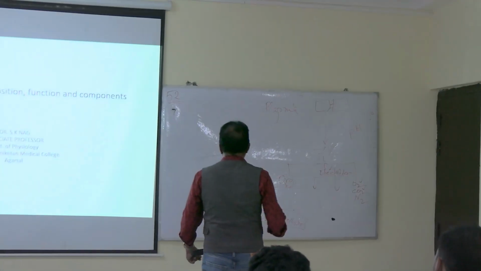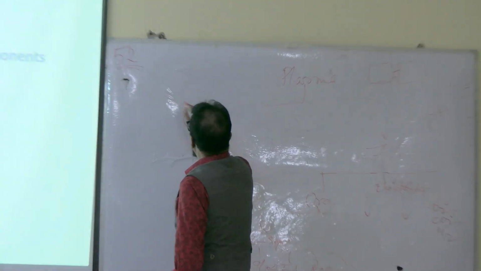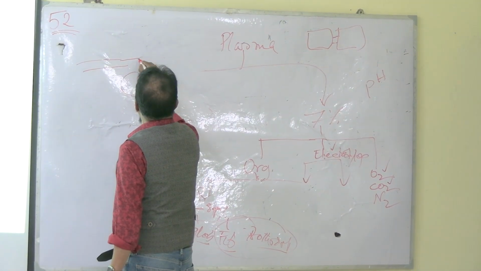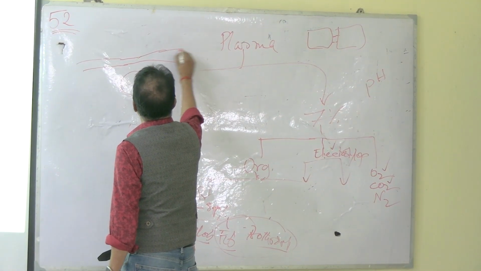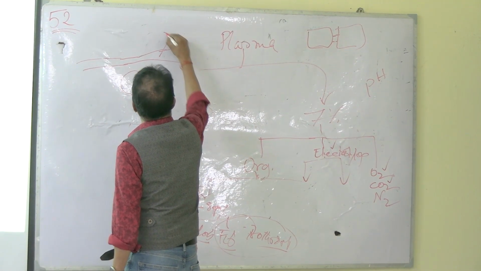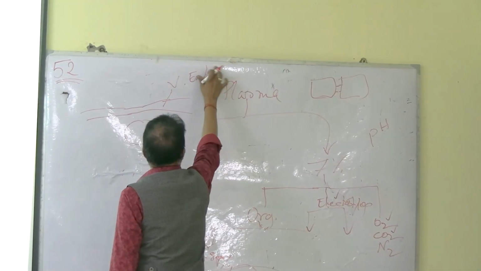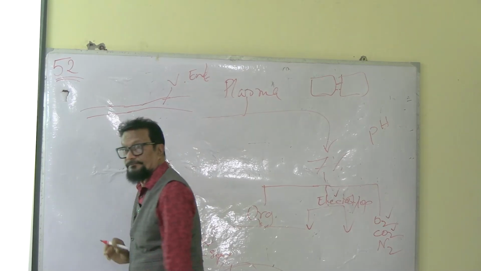So this is the cell and this is the capillary, and this is also a capillary. This is the venous end. From here it will combine with other venules and form a vein.